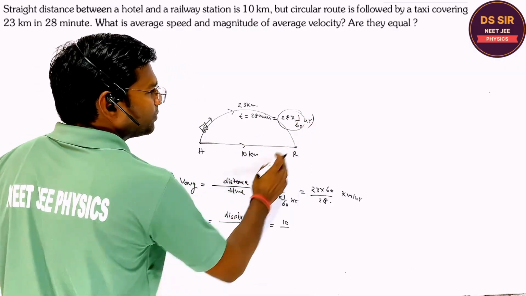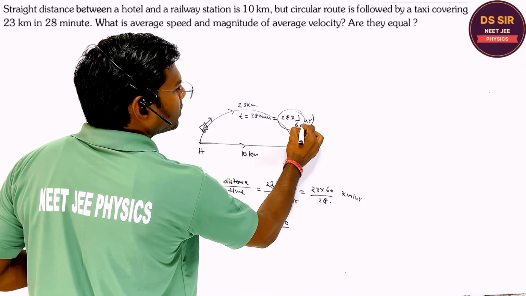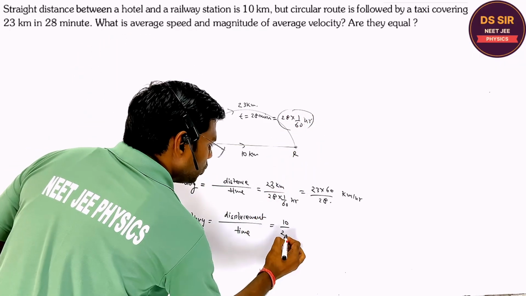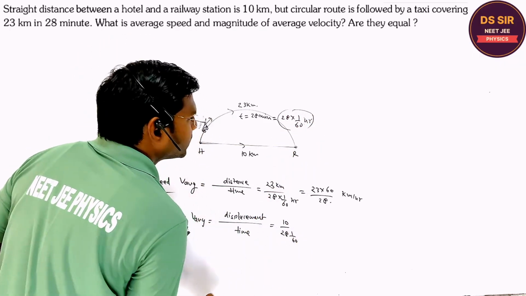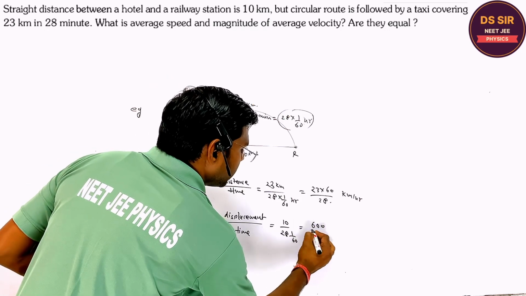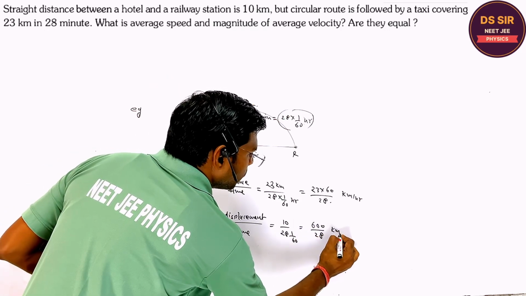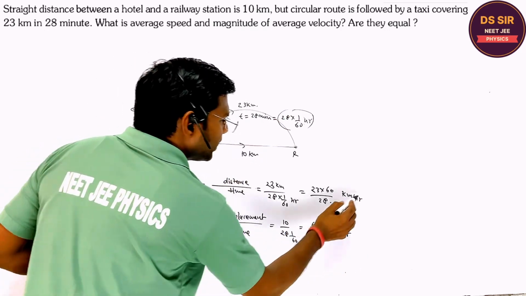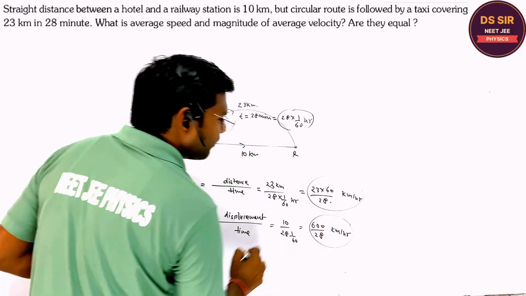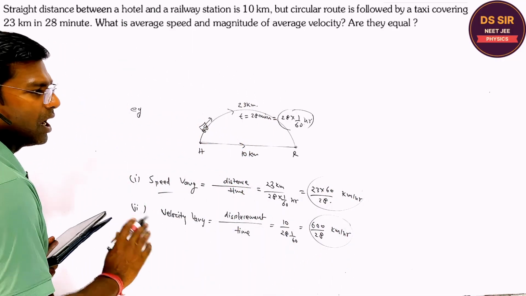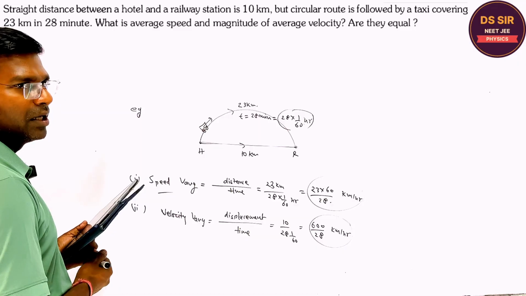This is the time. Is it clear or not? 28 into 1 by 60. So this is 600 upon 28 kilometer per hour. So definitely the average speed and the average velocity are not equal. Is it clear?